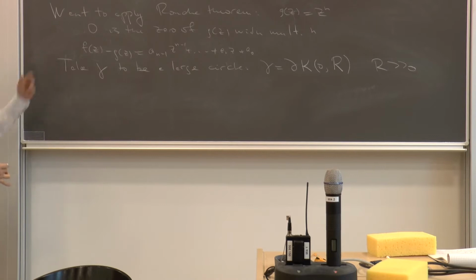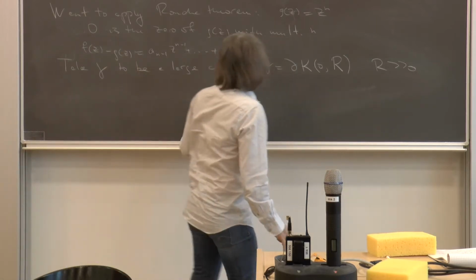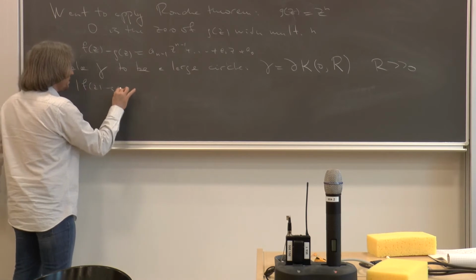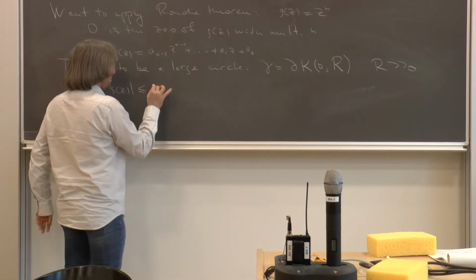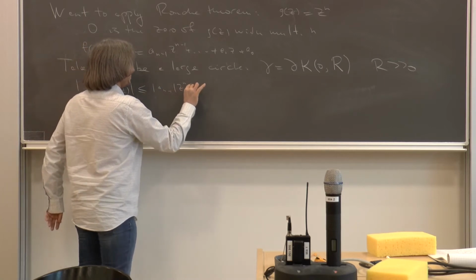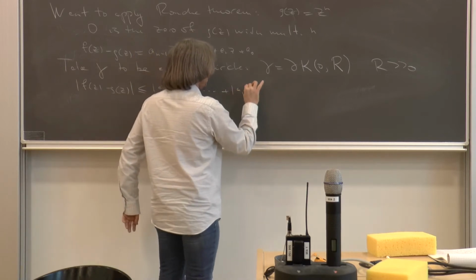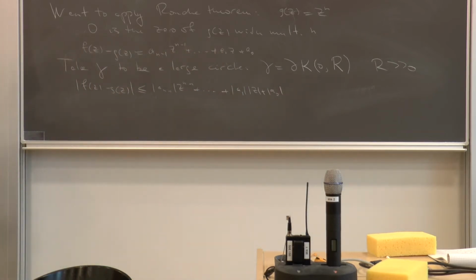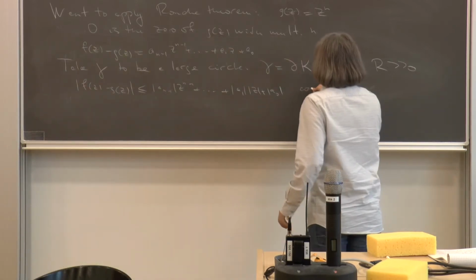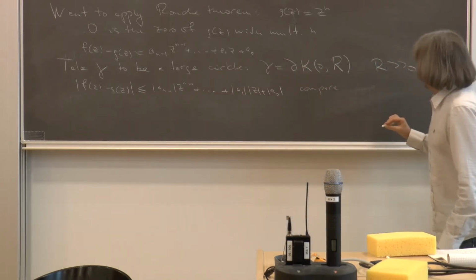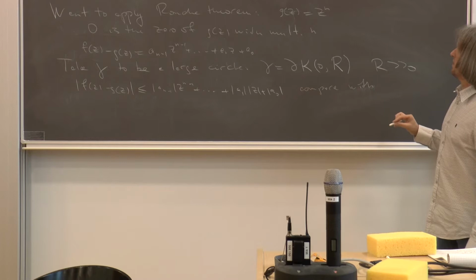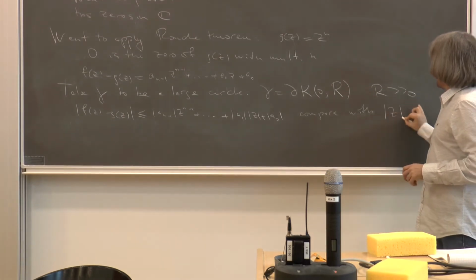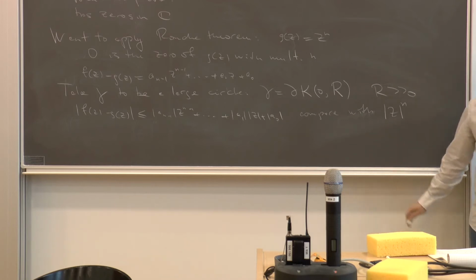The actual estimate will come, of course, from f itself, but the point is that the absolute value of f of z minus g of z is estimated by some expression, and we want to compare this with something that is even smaller, simply the absolute value of z to the power n, the summand on the right hand side.